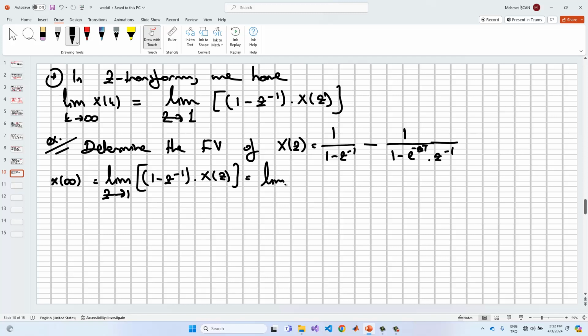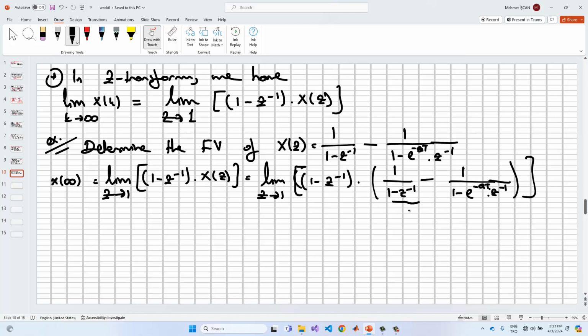And so the limit as z goes to 1 of (1 - z^-1) times (1 - e^-aT) z^-1 over (1 - z^-1)(1 - e^-aT z^-1). Okay, these are the theorem. And so this is equal to what? The 1. This equals e^-aT in the time domain. Just remember that.